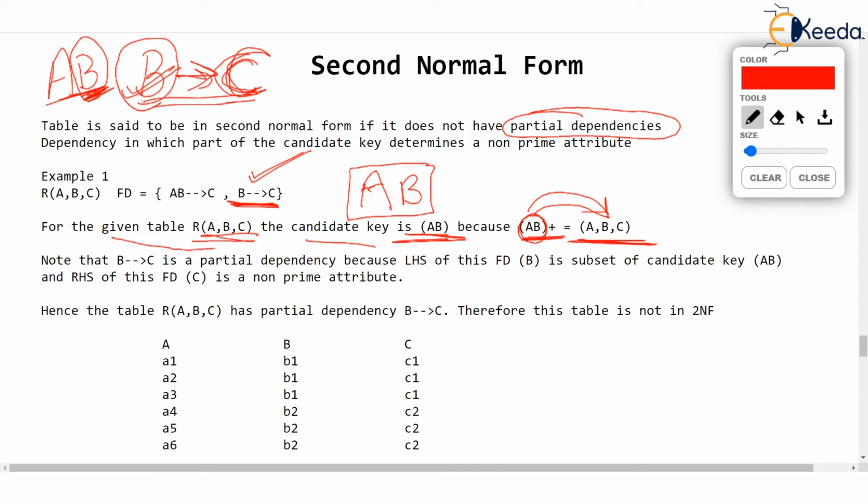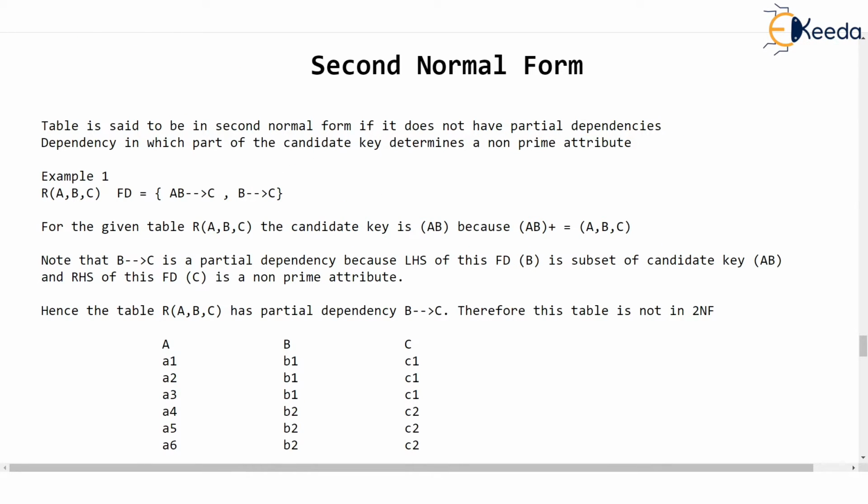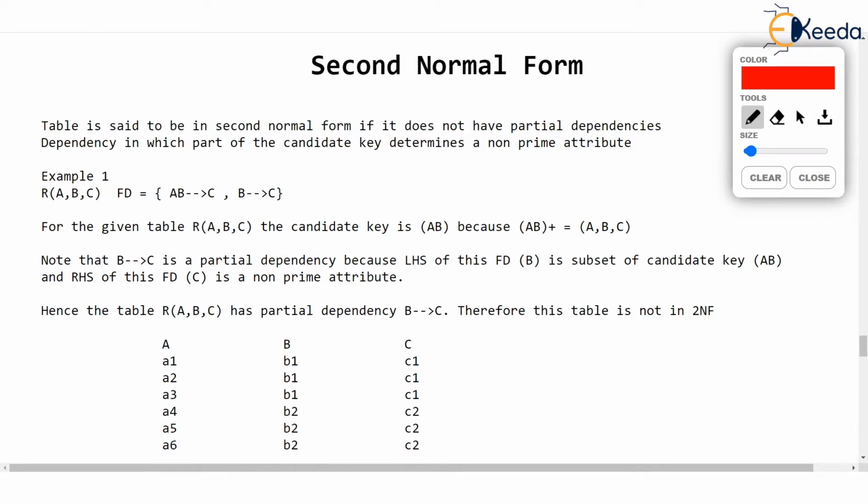Come again. Who is the candidate key? AB. Correct? Then A is a prime attribute. B is a prime attribute. Any attribute which is part of the candidate key is called a prime attribute. But C is not part of the candidate key. Then C is a non-prime attribute.